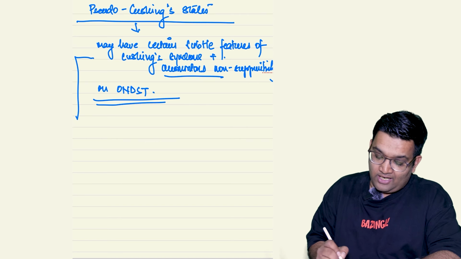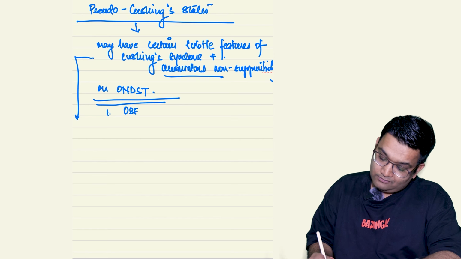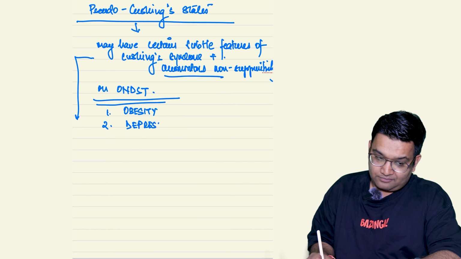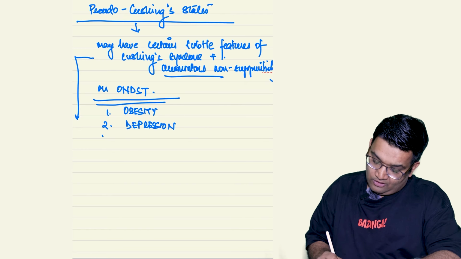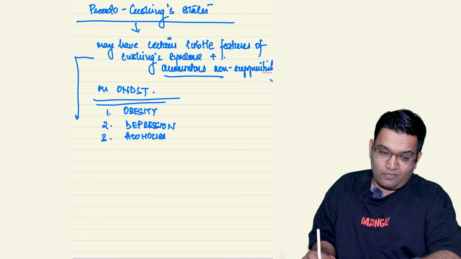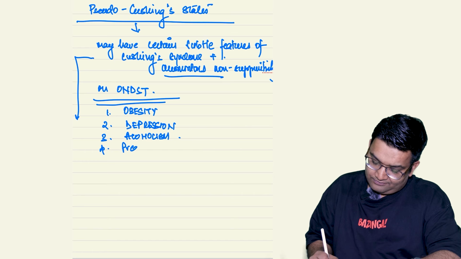So, what are these? These may be obesity, depression, alcoholism, or pregnancy.